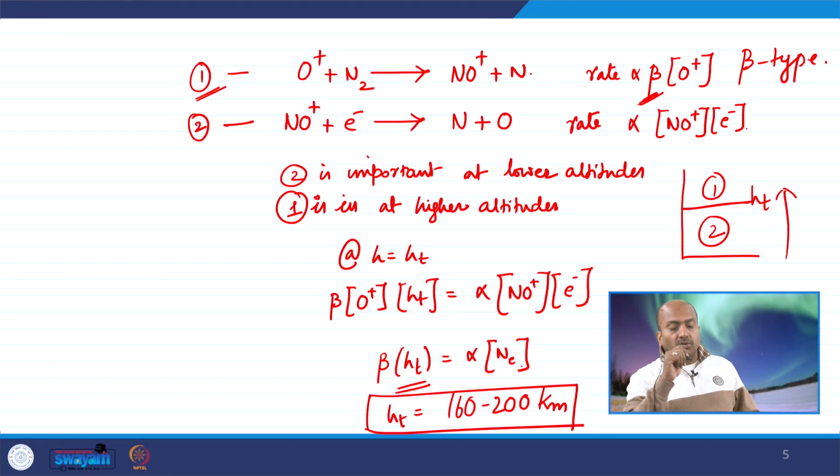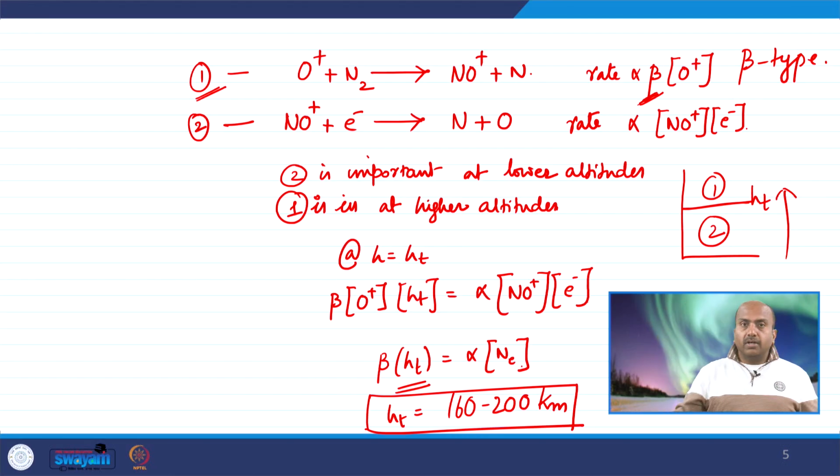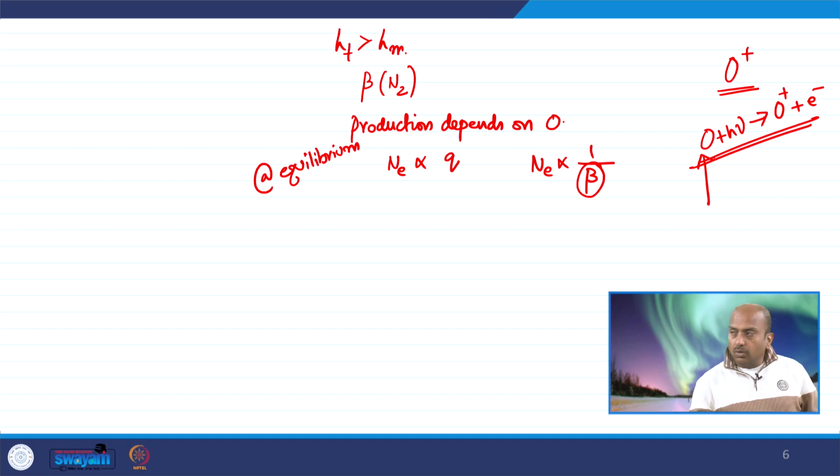This photochemical process is dominant above 200 kilometers, and below 200 kilometers process number 2 is dominant, where NO plus, which is a molecular ion, will be lost as and when there is an available electron. Now, effectively the number of electrons can be written as proportional to Q by beta.